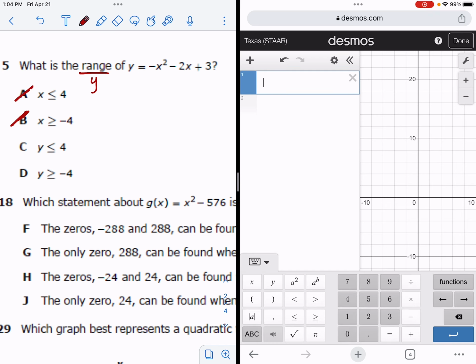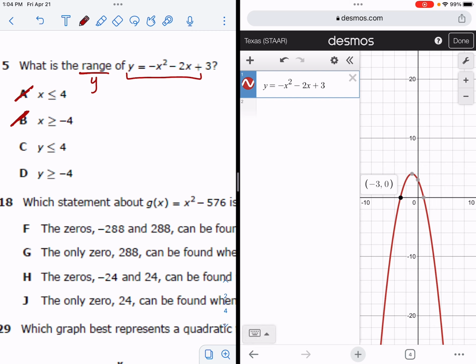And so if I graph this function in Desmos, y equals negative x squared minus 2x plus 3, I can see that negative 3, we don't care about those. We care about the top and bottom of the box when we're doing range.